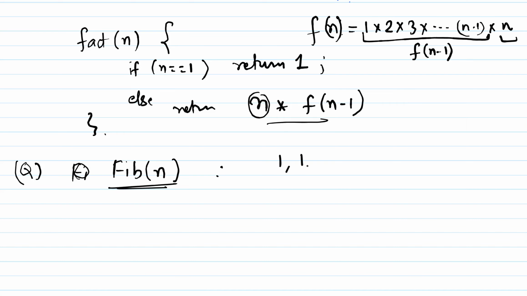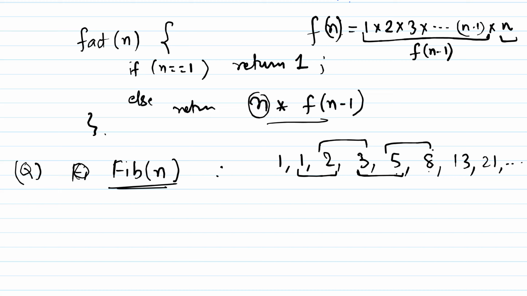We have 1, 1, 2, 3, then we have 5, 8, 13, 21 and so on. So this is equal to the sum of previous two. Similarly, 5 is equal to 3 plus 2, 8 is equal to 3 plus 5, 13 is equal to 5 plus 8. So add the previous two Fibonacci numbers. So how can you solve it? So pause the video and think for a while and then come back.